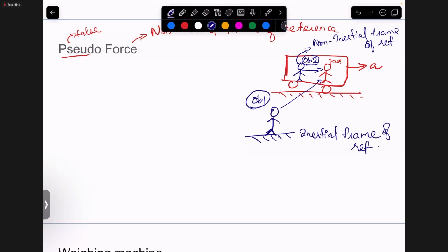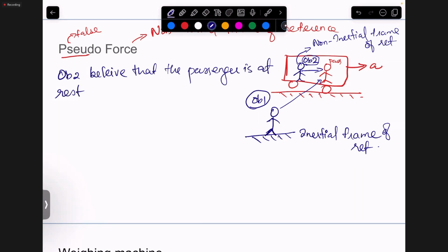So what is that external force which is counteracting on this passenger? That is what is called pseudo force. Pseudo force is what makes this observer believe that the passenger is at rest.